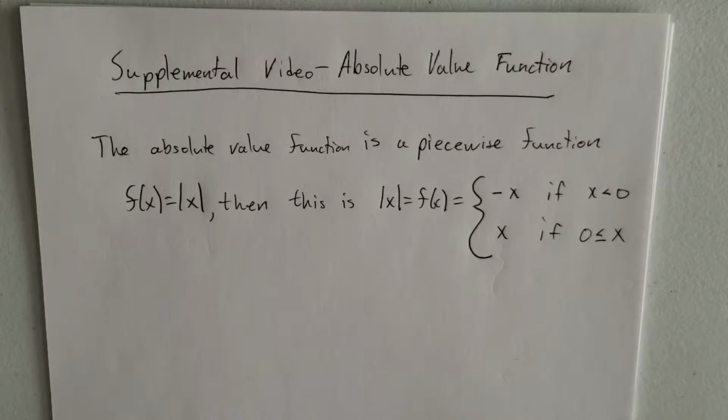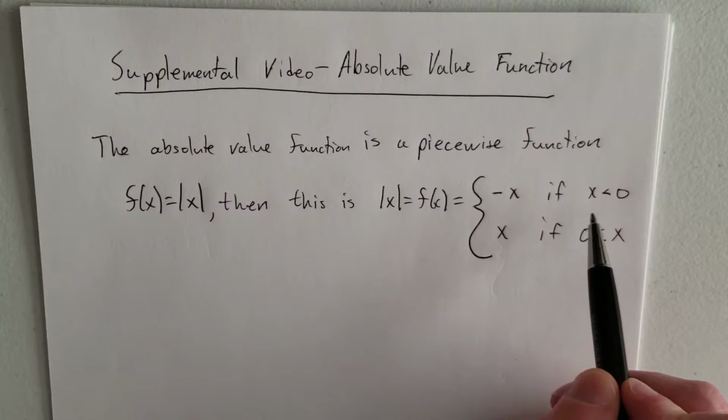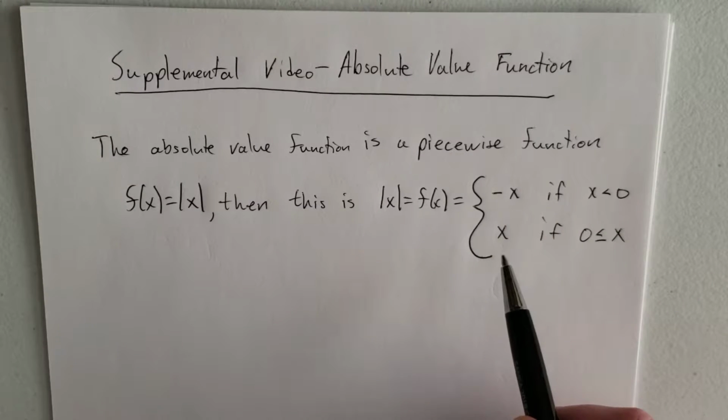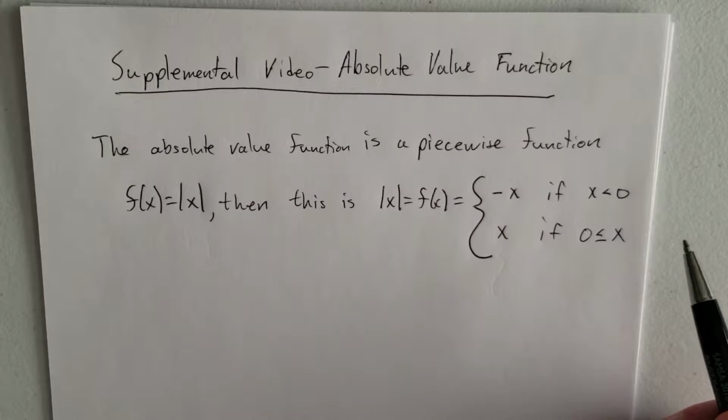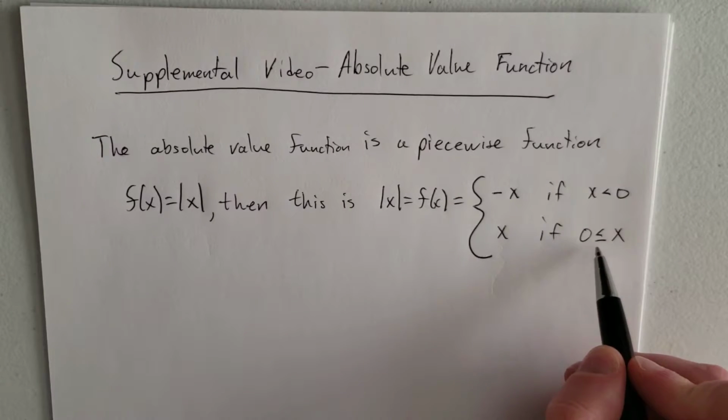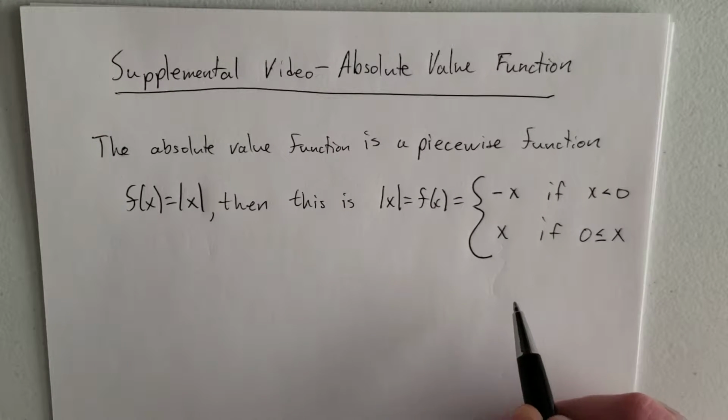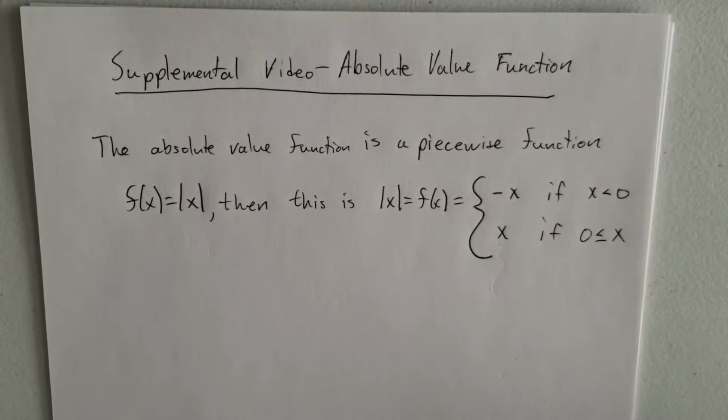Okay, so what this says is that anything that is less than 0, you take the negative of that, and anything bigger or equal to 0, you just take the original value. And so that's what our absolute value function really is.